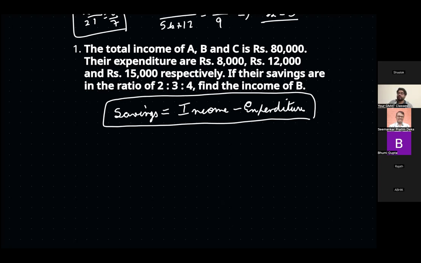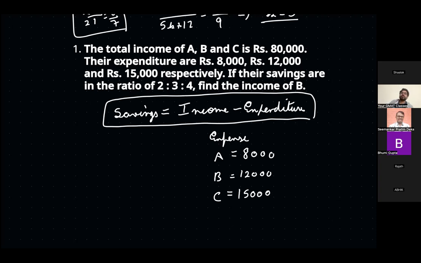That is, savings equals income minus expenditure. I know the expenditure of A, B, and C: 8,000, 12,000, and 15,000.